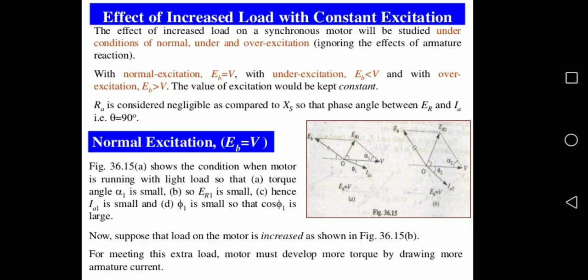And current and power factor are in inverse relation. As we know that power P equal to V I cos phi. From this equation, we can say that I equal to P by V cos phi. Whenever I is small, cos phi is high.